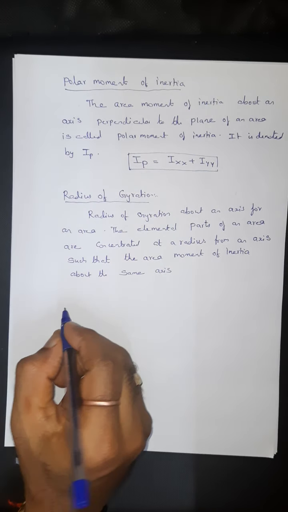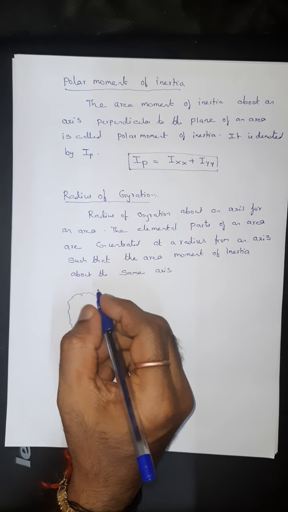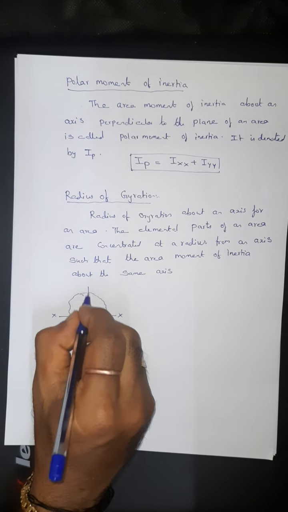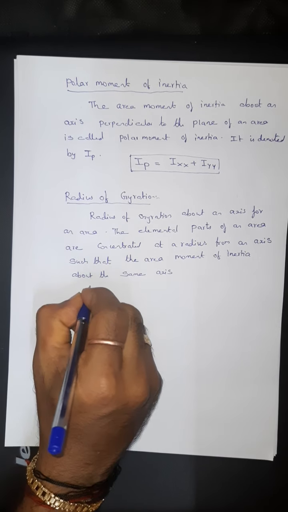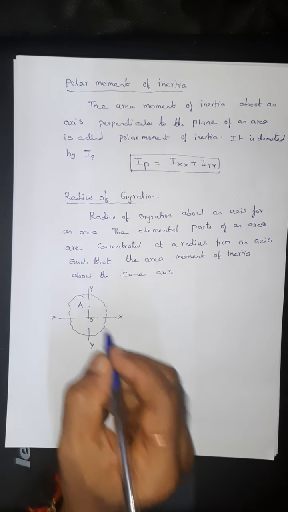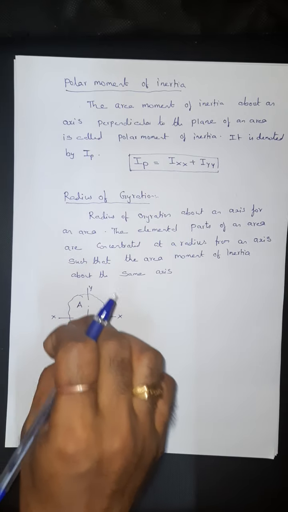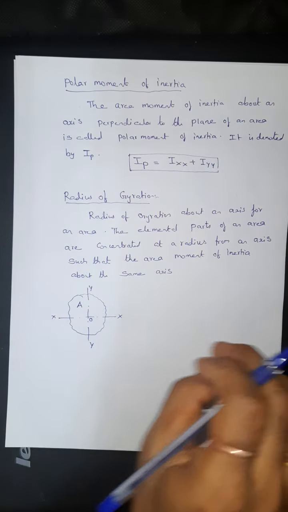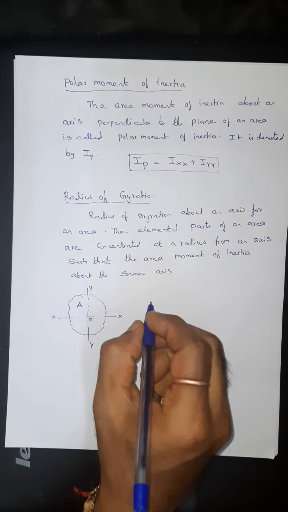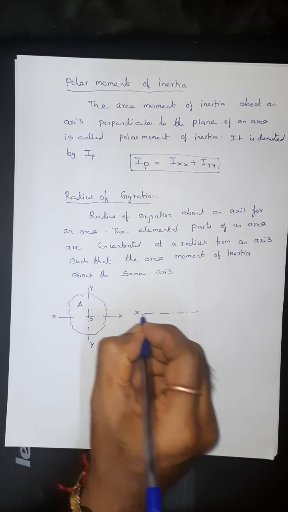So let me consider a lamina of any cross section, and its horizontal axis xx. This is the centroidal axis, and this is the area A. What I am going to do is convert that into a concentrated form, a strip form. Assume this is the centroidal xx axis.